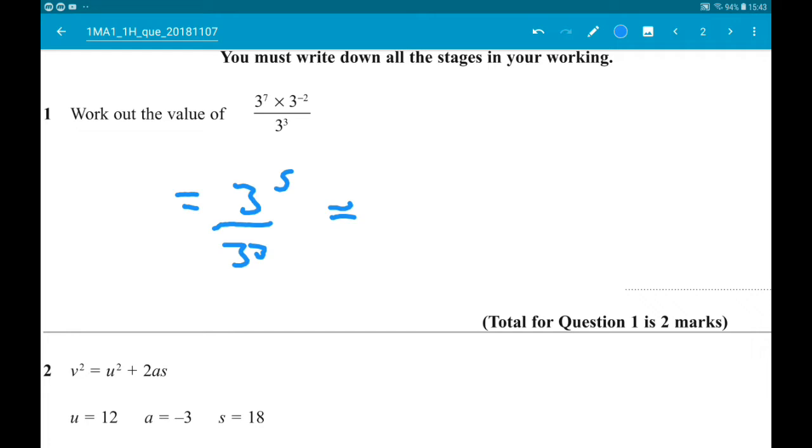Now that means 3 to the 5 divided by 3 to the 3. So by the division rule, we subtract the bottom power from the top. So we are going to get 3 to the power of 2. Which, of course, is 9.